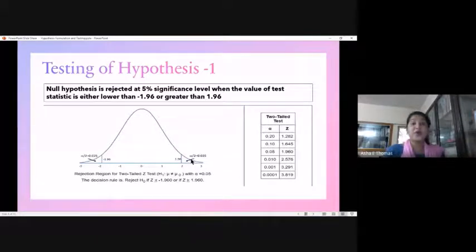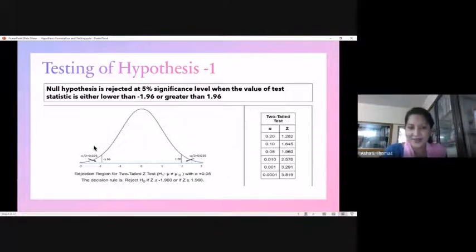Okay, we do not know the direction, but there is a chance of committing the error. If it is a 5% significance level, the value identified is 1.960. We say that if it is less than or equal to -1.960 or greater than or equal to 1.960, there is a possibility of commission of type 1 error.